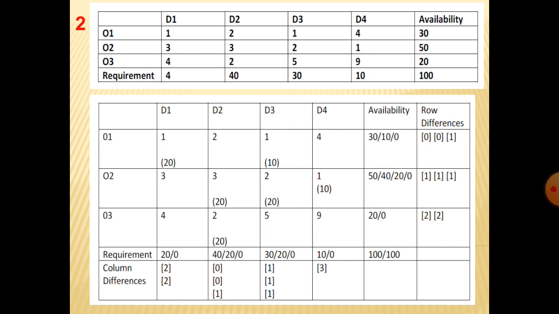Next, 2 minus 1, that is 1. 3 minus 2, that is 1. Next, 5 minus 2, you will get 3. Here again, you find out. Here, 2 minus 2, 0.